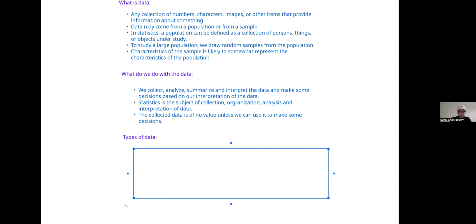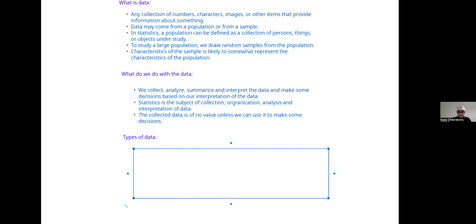So for qualitative data, any mathematical operation is meaningless. Another example is a phone number.